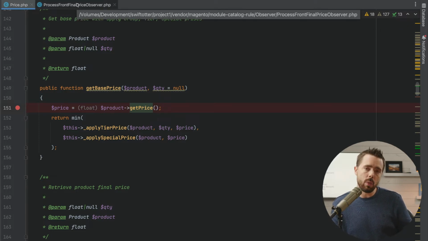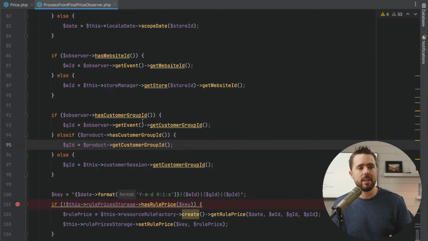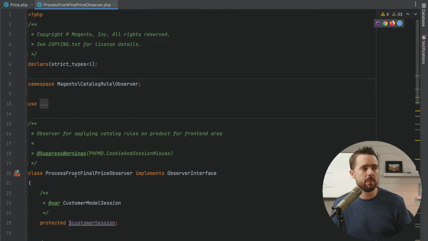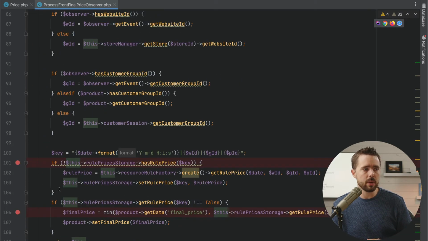However, a little while later, and I'm specifically looking at it when calculating quote totals, there is an event that's triggered, and inside of this is the class ProcessFrontFinalPriceObserver. Inside here, if we have a rule price that has been calculated, we get our final price as the minimum of the product's final price or this rule price.